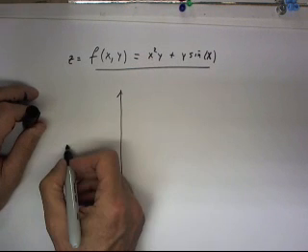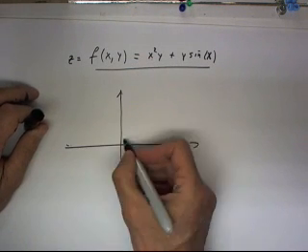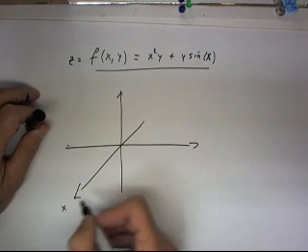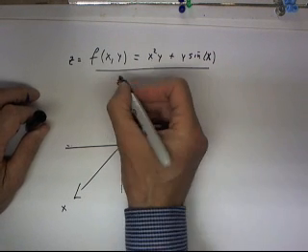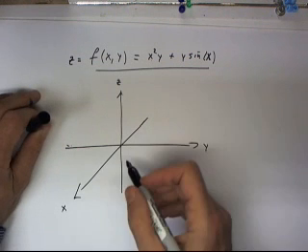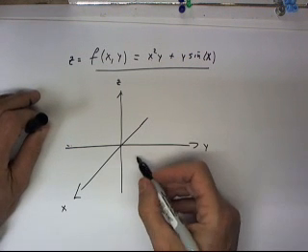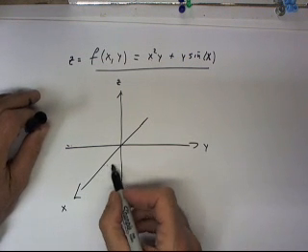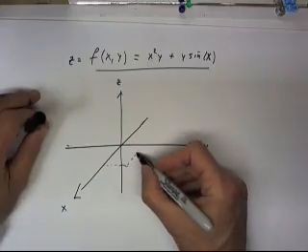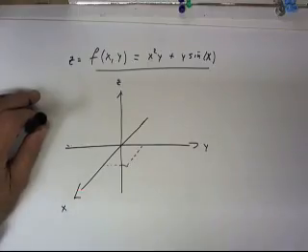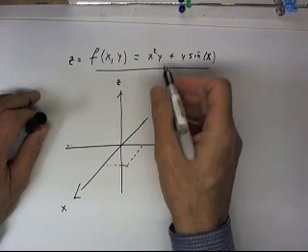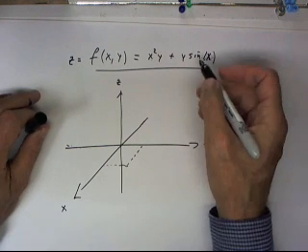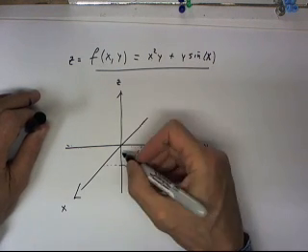We can construct a graph in x, y, z space, and for any point in the xy plane, we can evaluate the function. We put the x coordinate and the y coordinate in, and we get a z value.